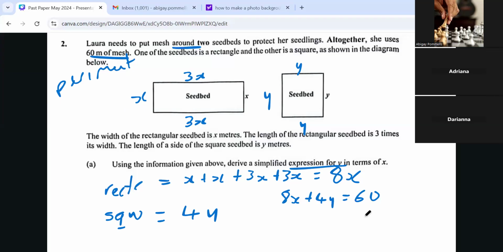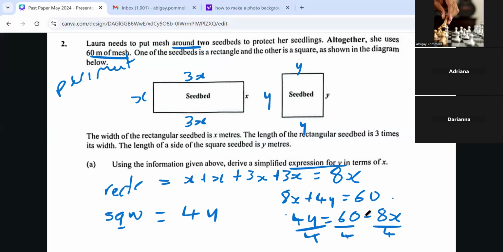When it's positive over here, when it comes over here it will be negative. So 4y equals 60 minus 8x. And then the 4, since it's multiplying the y, we're going to divide everything by 4.